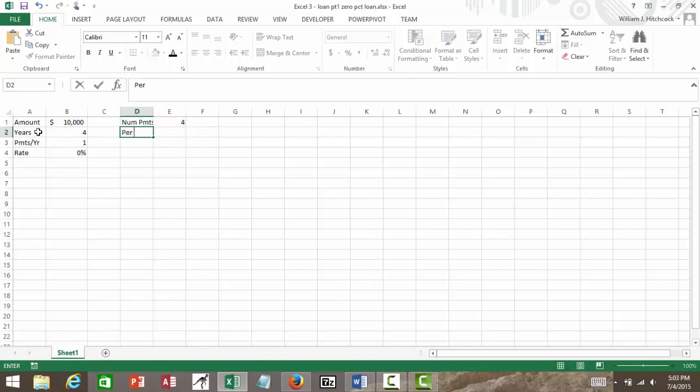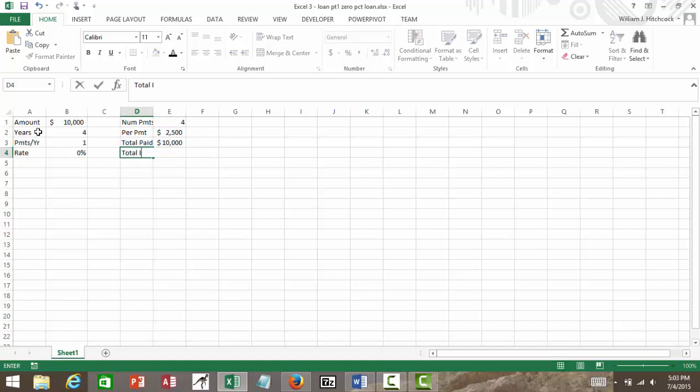We're going to make a periodic payment. In this case, it's going to just equal the amount of money that we borrow, and we'll divide that by the number of payments. So therefore, the total paid would equal the periodic payment, a check for $2,500 every year for the next 4 years.